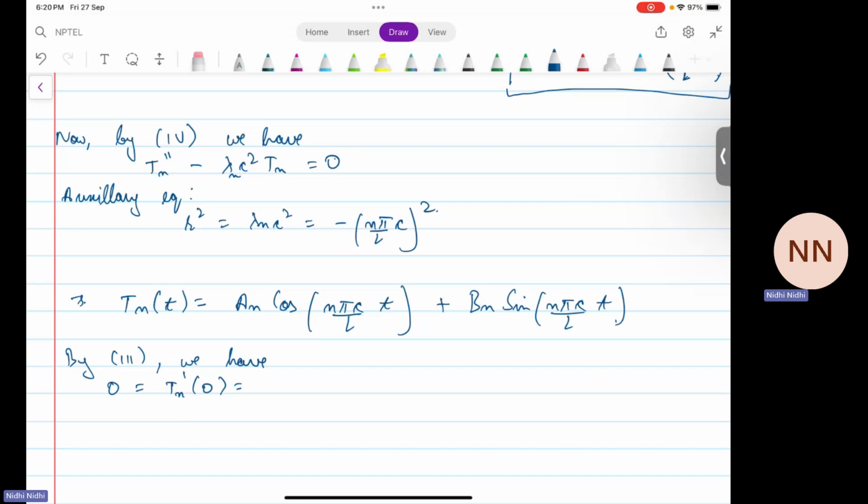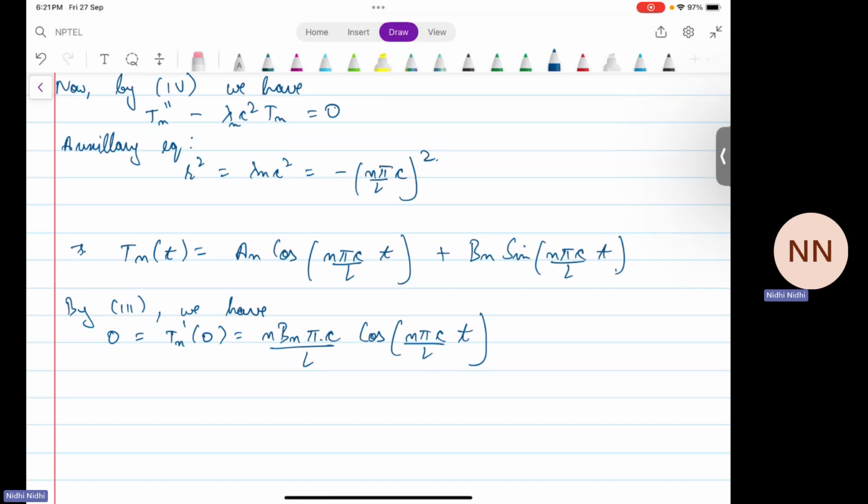We'll be left with the second term, which is b n n pi c by L times cos n pi c by L t, because the derivative of sin x is cos x.